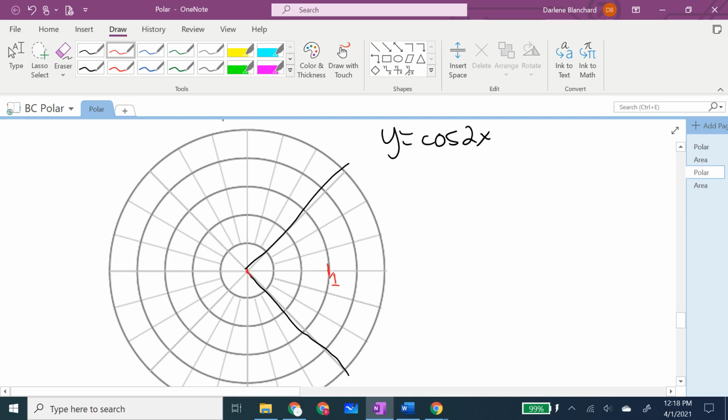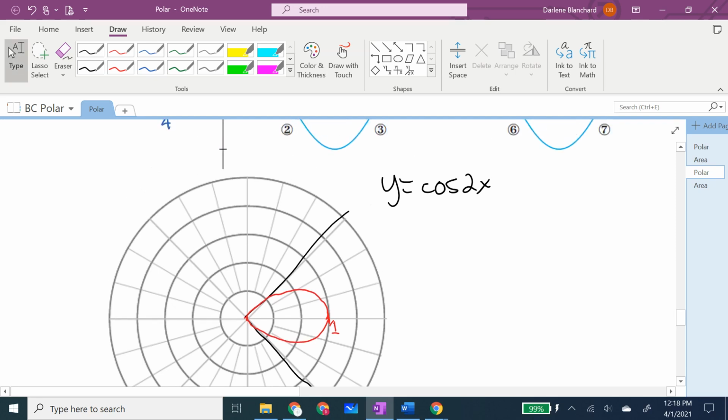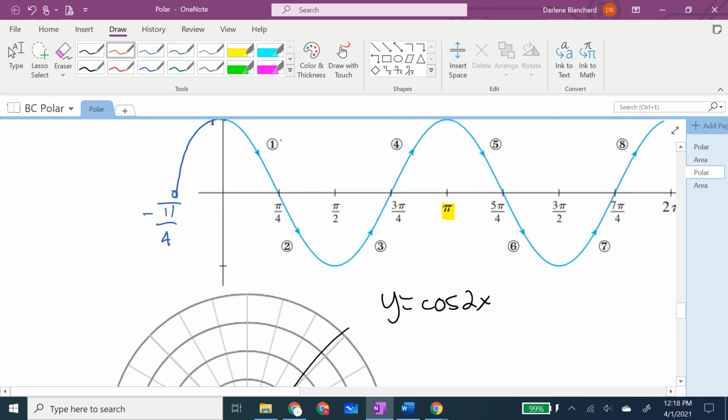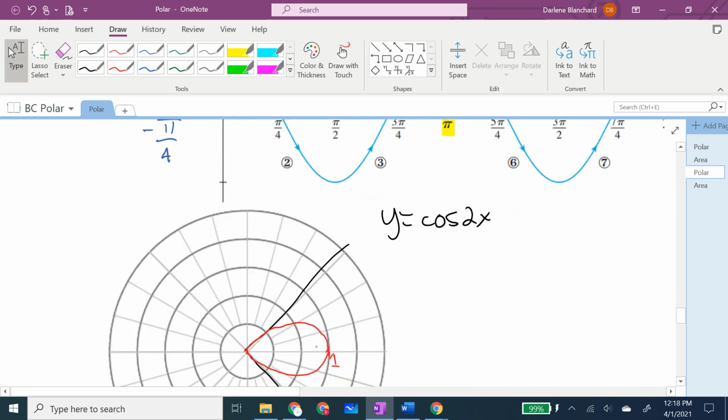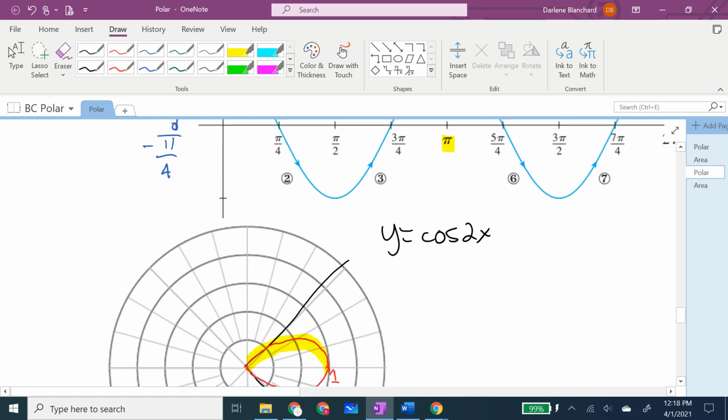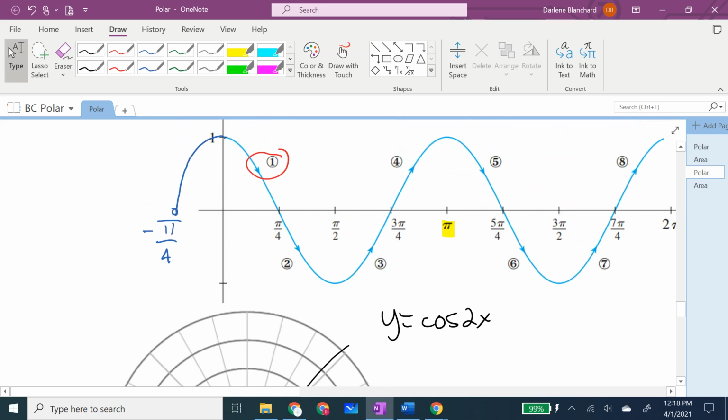I spiral out to 1, and then I spiral back in to 0. This is called a rose curve, and that is one petal of the rose curve. There, 1 is just this piece right here. As I continue along the graph, so I just graphed this much.